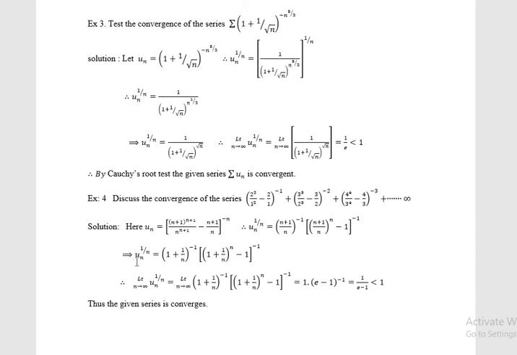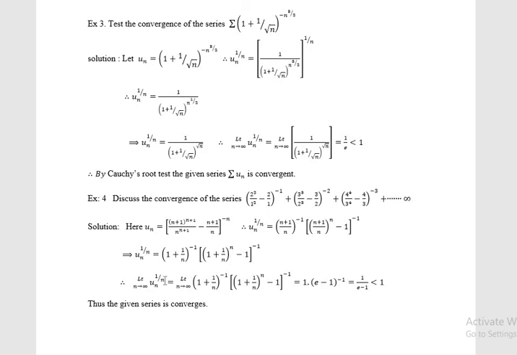It implies un^(1/n) is equal to the first term (1 + 1/n)^(-1) into [(1 + 1/n)^n minus 1]^(-1).